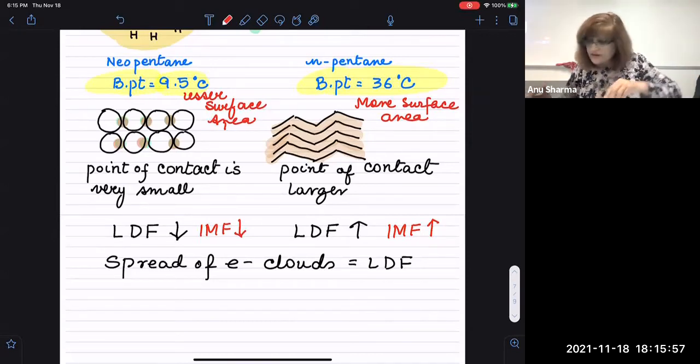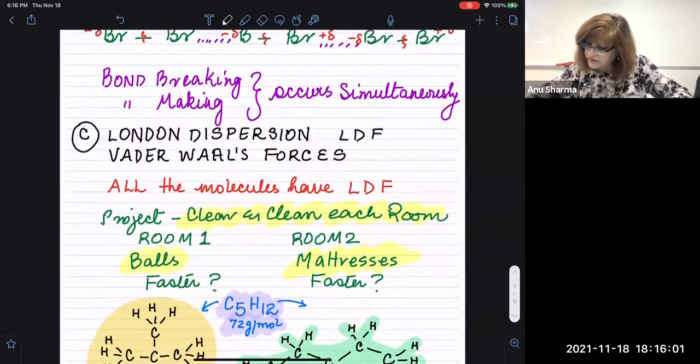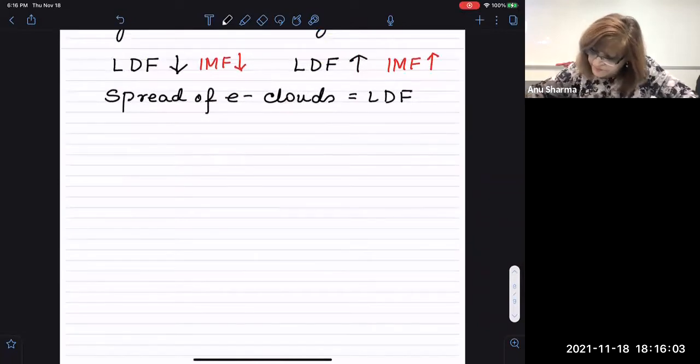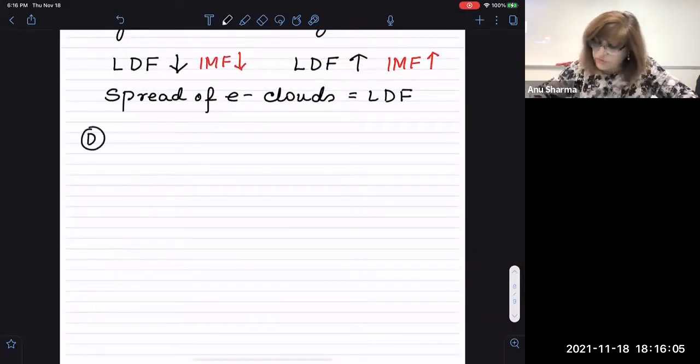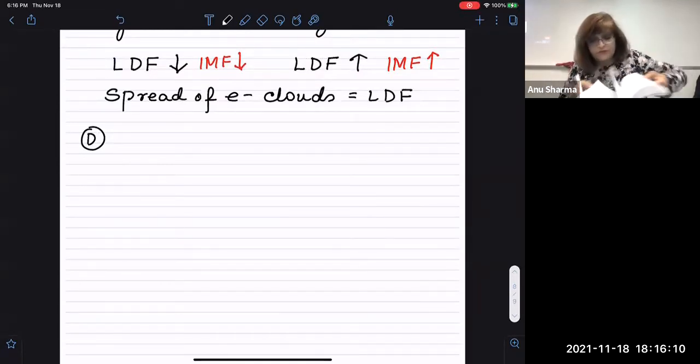Next, let's look at hydrogen bonding. Hydrogen bonding is C and then D. Based on this, let's see a few specific other examples from the book.